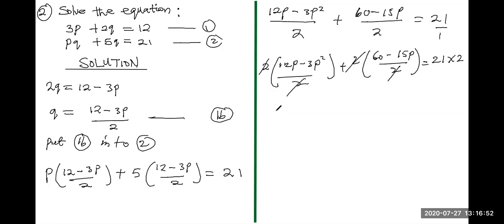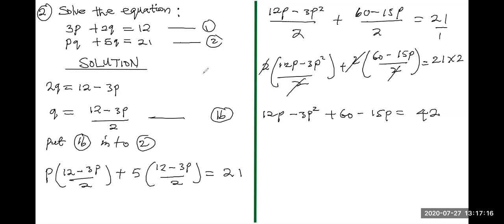So I will now have 12p minus 3p square plus 60 minus 15p equals to 42 on the right hand side. Now we can see that it's not a quadratic equation in one variable. So we put everything on the left hand side to the right hand side.